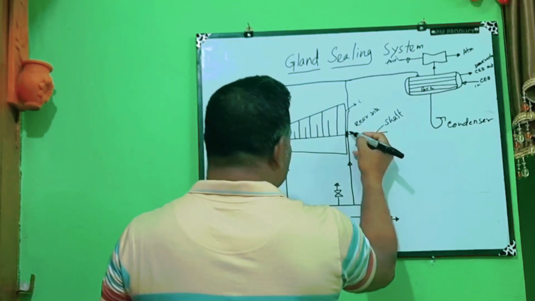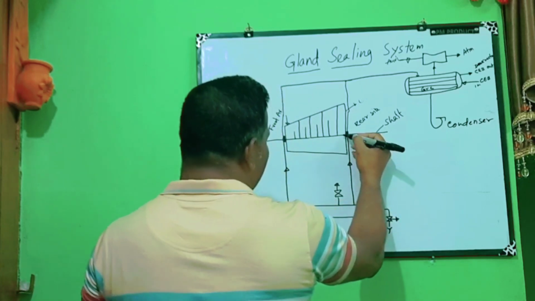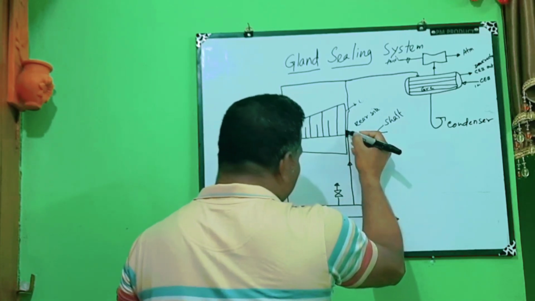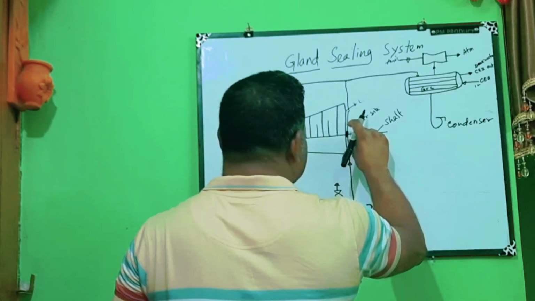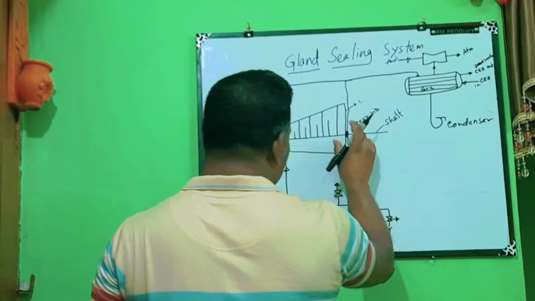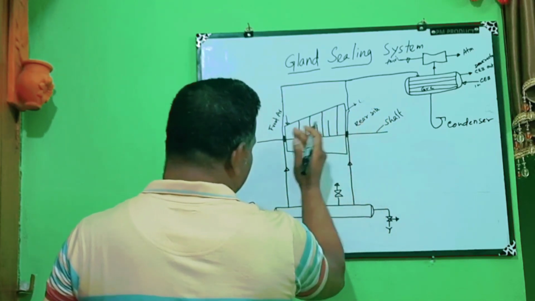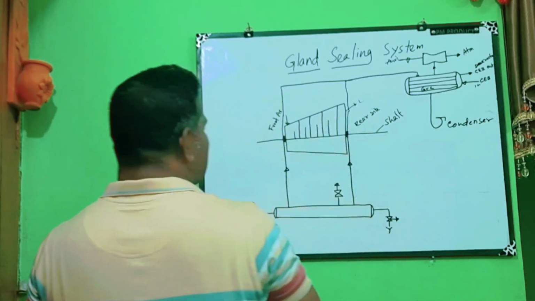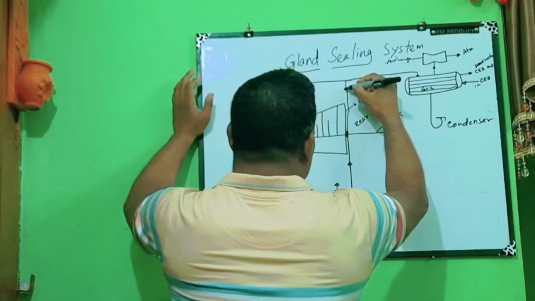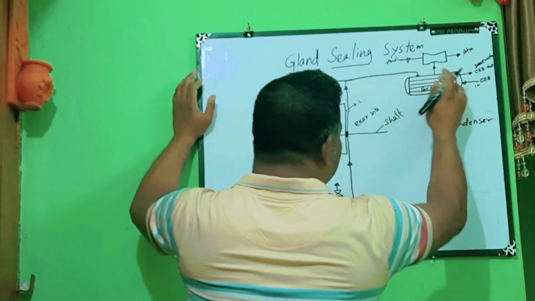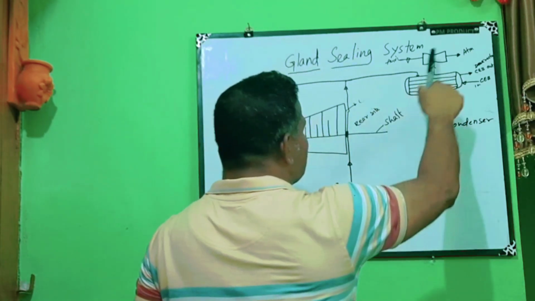After that, it is also possible that some air passes by this point and tries to come to the turbine side. Due to this, we provide the auxiliary steam as a sealing steam. Due to this reason, this side is high pressure, and atmospheric pressure will not pass through this gland sealing system. Sealing steam will go out this way to the gland band condenser. But this side is less pressure, that's why the ejector is provided.